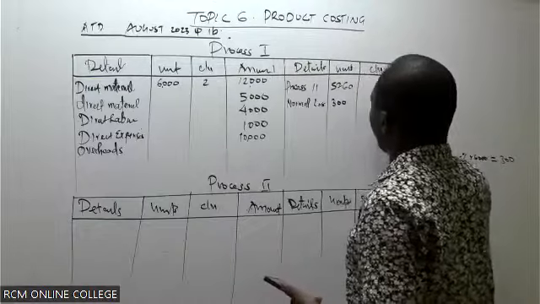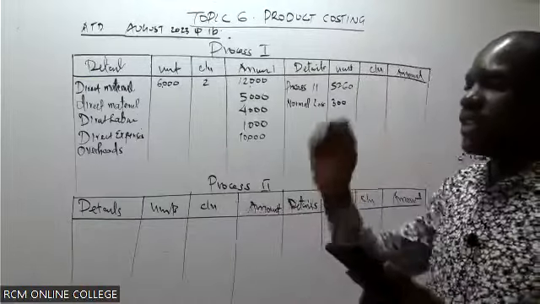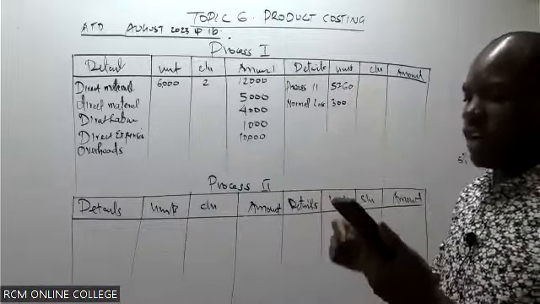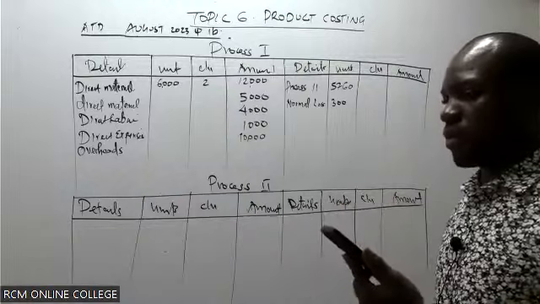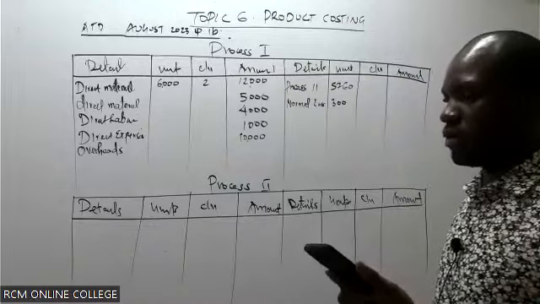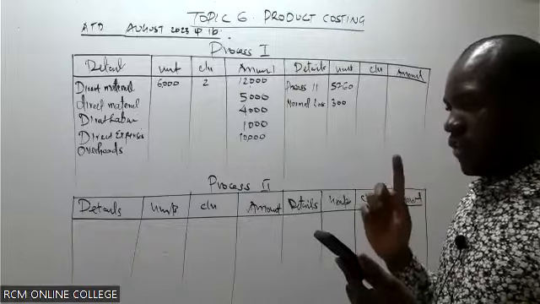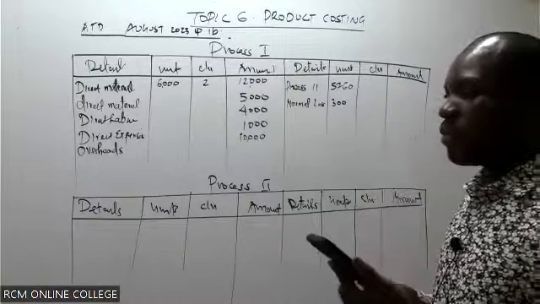But here, the cost per unit of the normal loss, we have been given as the scrap value of the normal loss. What is the scrap value per unit of the normal loss in process 1? Scrap value, what do we see there? 1.5.